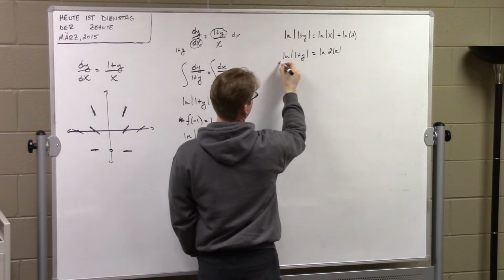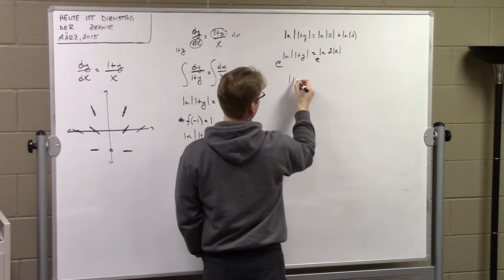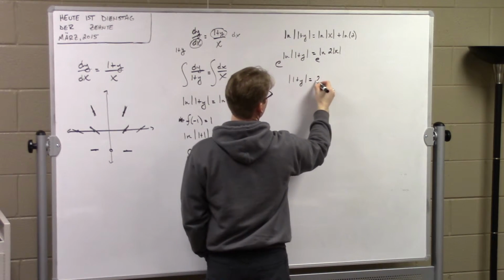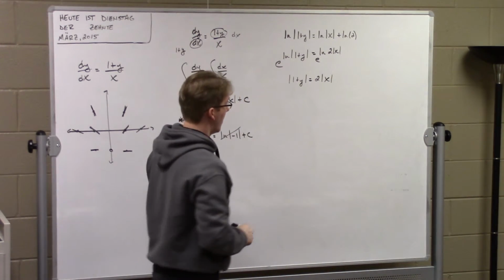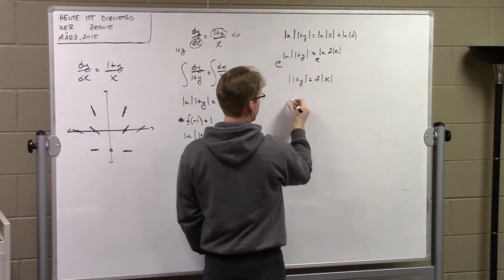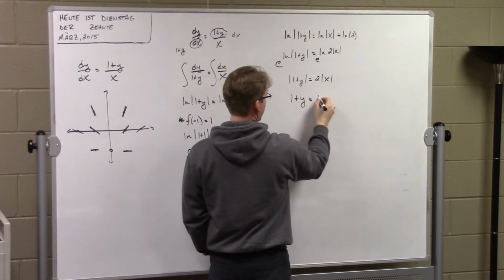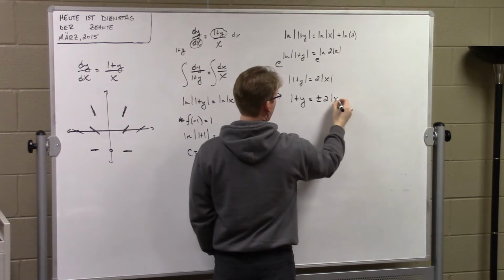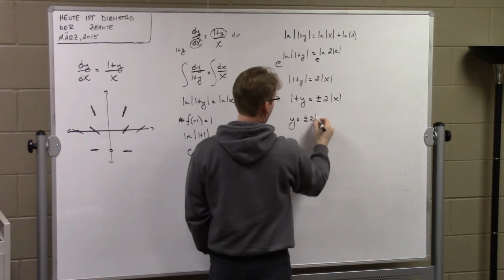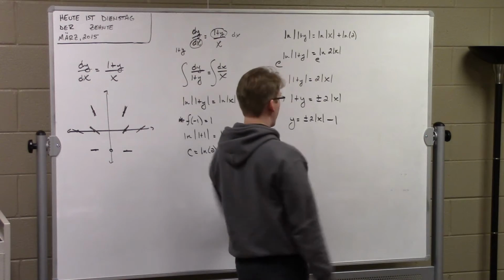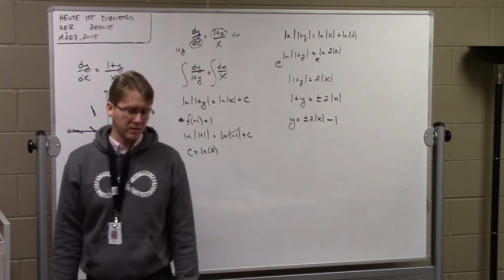Now we have to exponentiate both sides, which gives us this and this. When I drop the absolute value, that means my answer could have been positive or negative, so this is where I end up. And you have to decide which one it is, the positive or the negative.